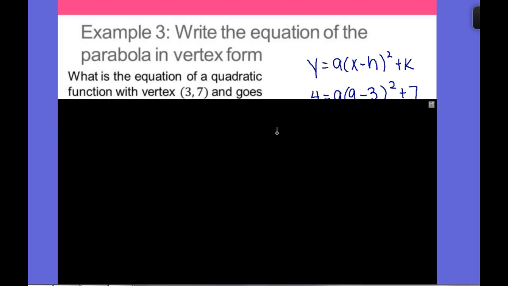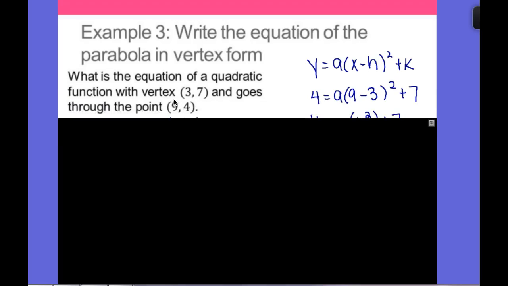So we are going to be given a key piece of information. We are given the vertex. So that means I can substitute the vertex in for h and for k. So that's where the 3 and the 7 is coming from.